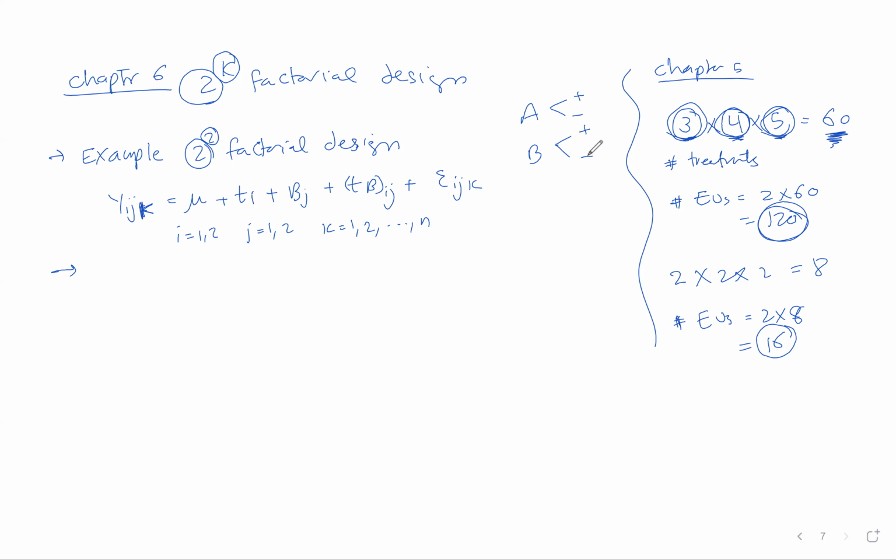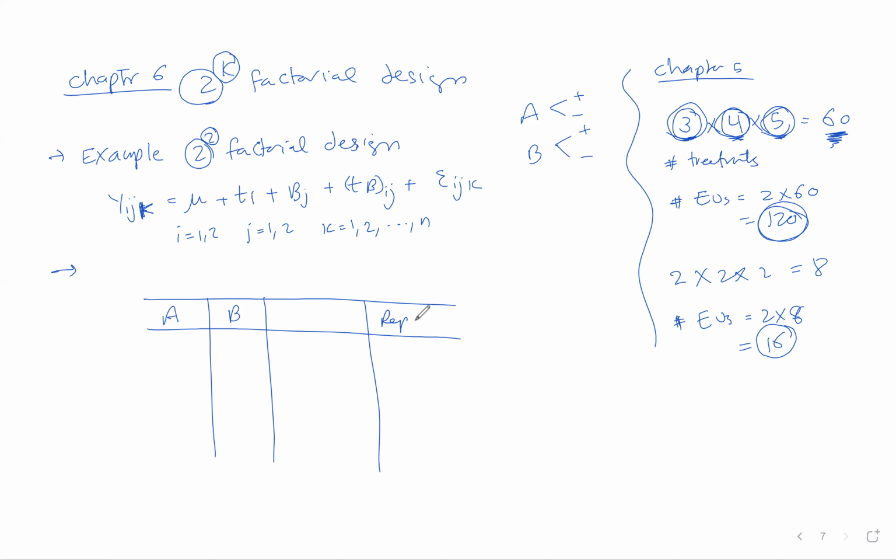So we can write the table that we use to calculate the main effect and interaction effect: a column for A, a column for B, and then replicates. If you have only one number, there is no replication. If you have many numbers, it means each treatment was tested more than one time.